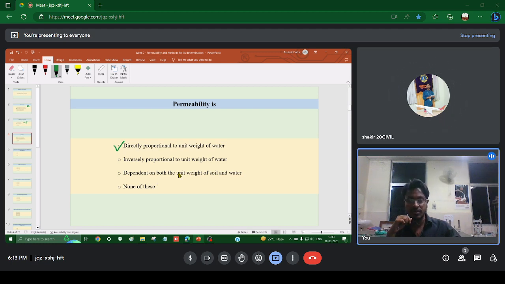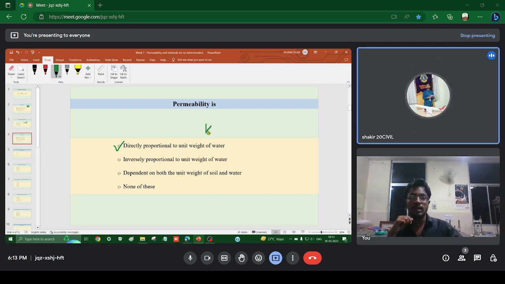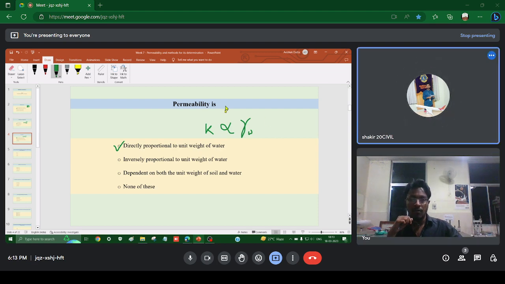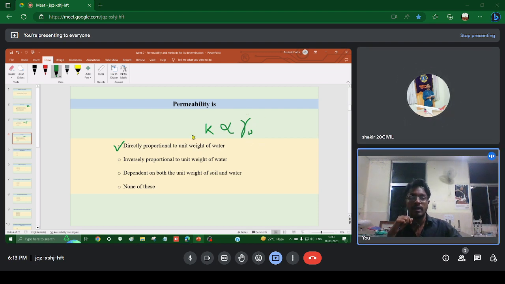There is another question at the last. I believe we have solved that also. In that question, I will just tell you the equation. I believe you know the equation. Even then, I'll write it down. So permeability K is directly proportional to the unit weight of water, gamma w. Among all the other things constant, it will vary directly with the unit weight. Clear? Yes, sir.